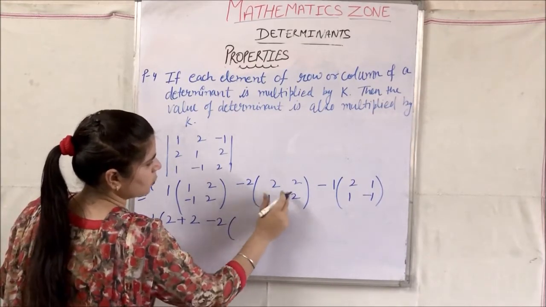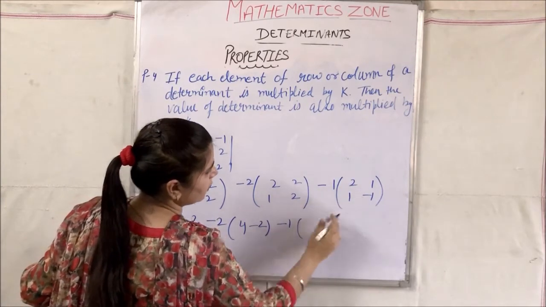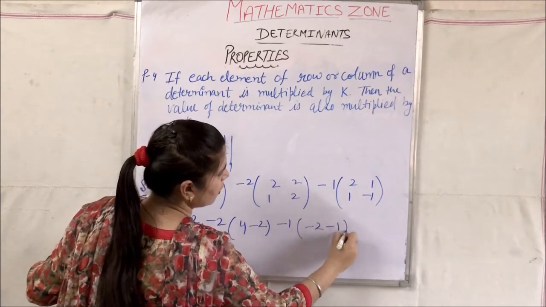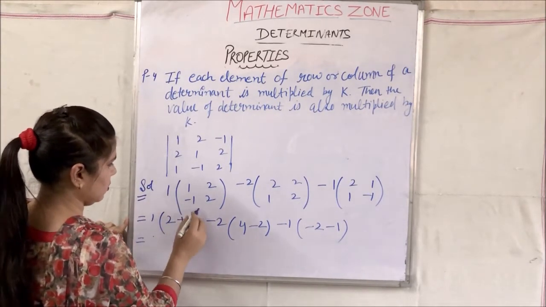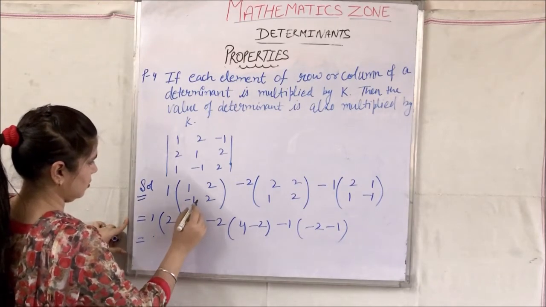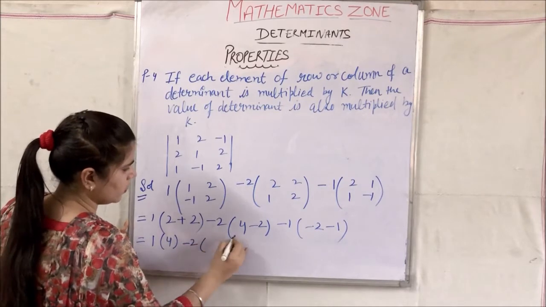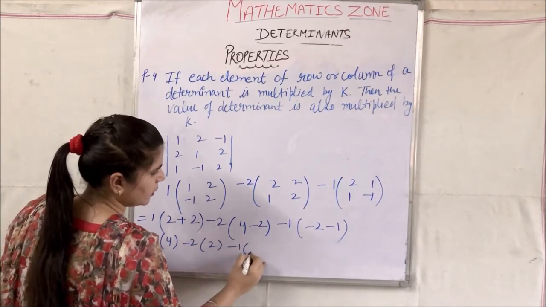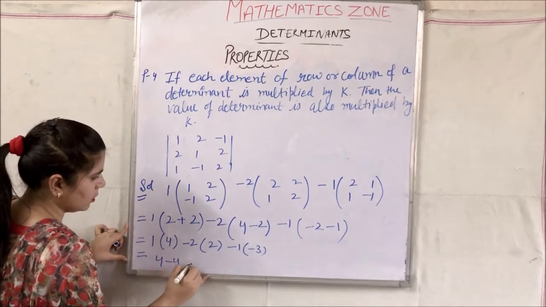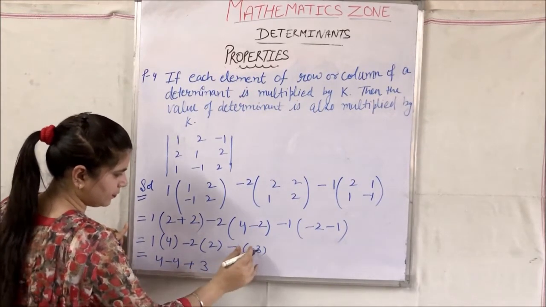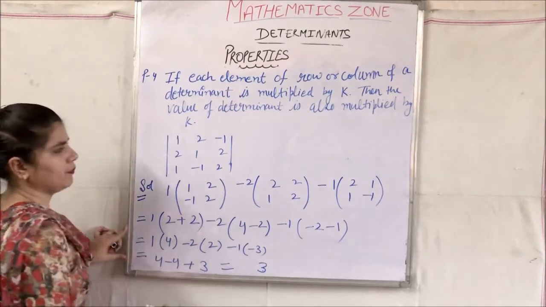Minus 2, 2 into 4, minus 2. Minus 1, 2 into 1 is minus 2, minus 1. 4, minus 2 into 2, minus 1 into minus 3. So, 4 minus 4 plus 3. So, our determinant is 3.